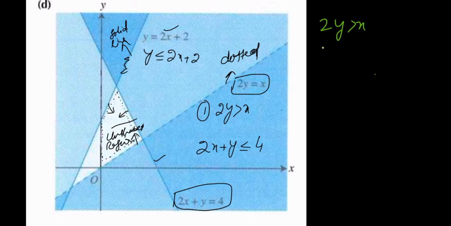The second one is 2x plus y less than or equal to 4. The third one is y less than or equal to 2x plus 2.